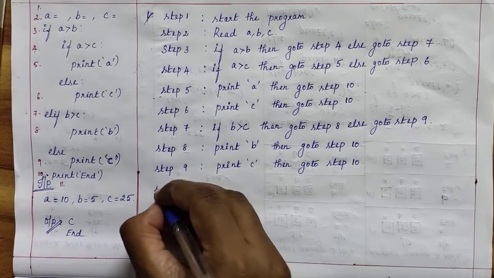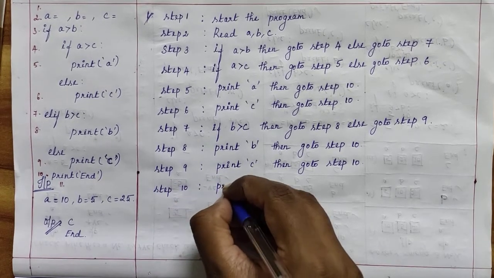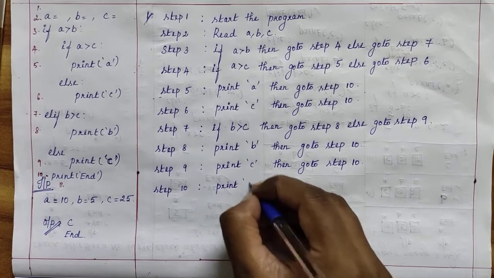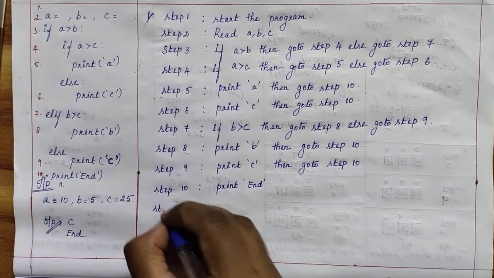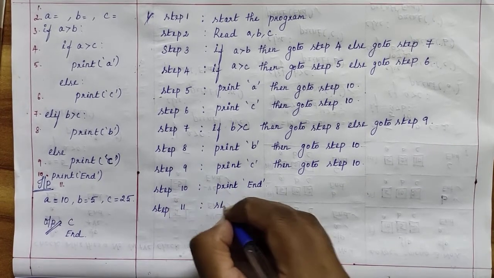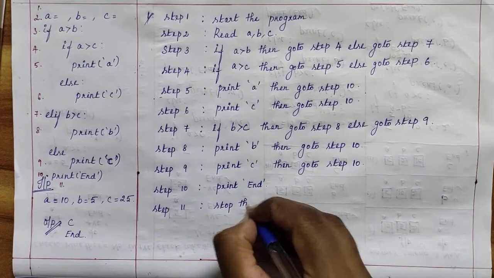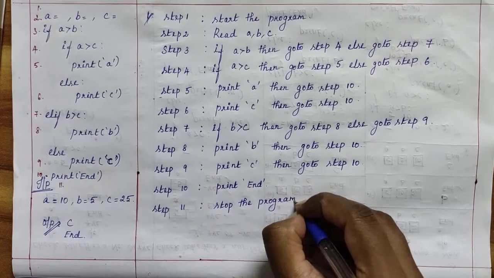So step 10. What is step 10? Print end. That's all. And next one is step 11. Stop the program, or you can write end the program.